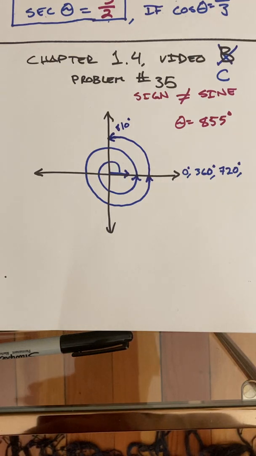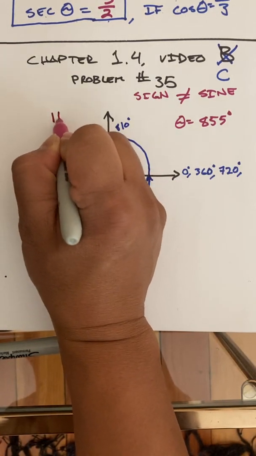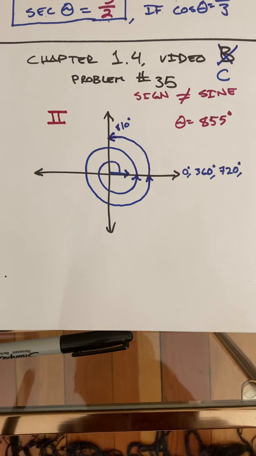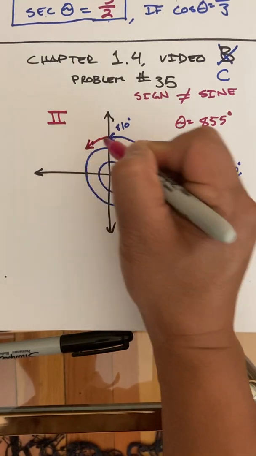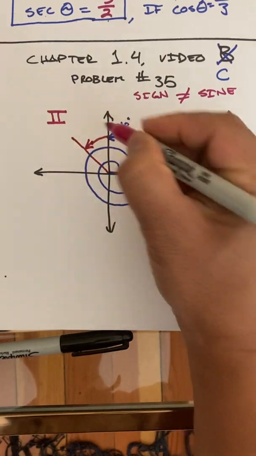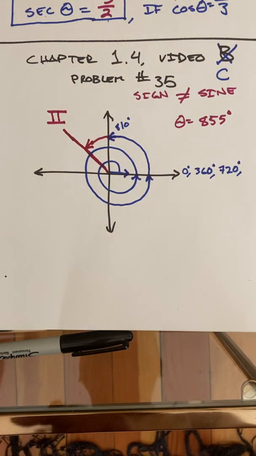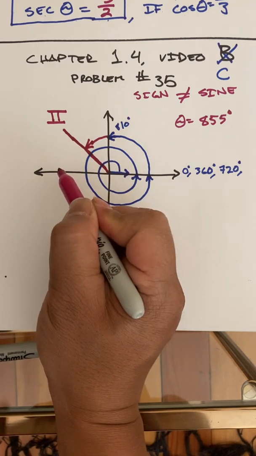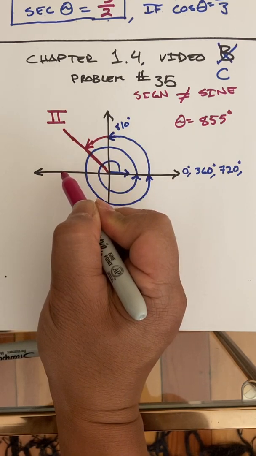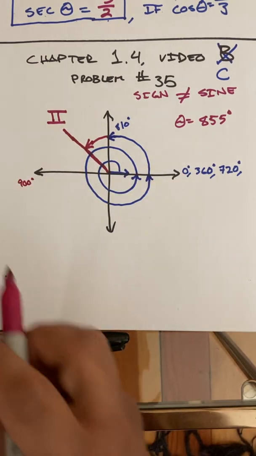And then 855 will end somewhere in quadrant 2, so it's going to finish somewhere here. And I know that it's there because if I got all the way to this position, 810 plus 90 would have been 900 degrees here. So that would have been too far.